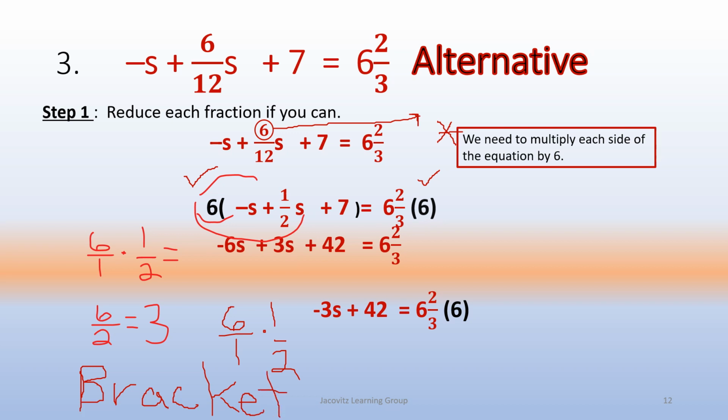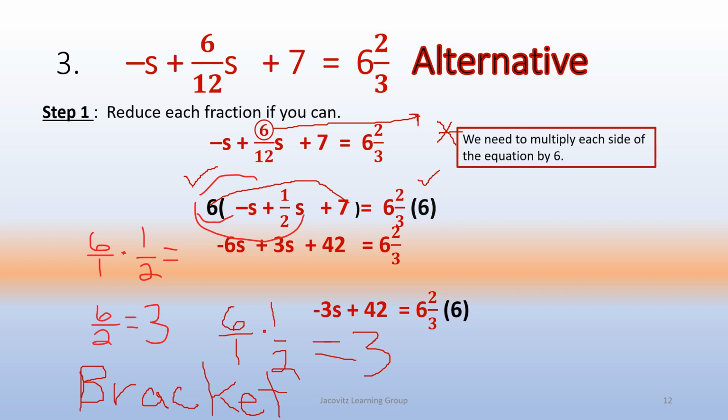So you multiply it over. So that's how you get your 3. And that's a positive here, so it's positive. And then 6 times 7 is 42.